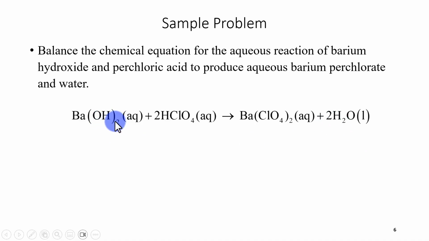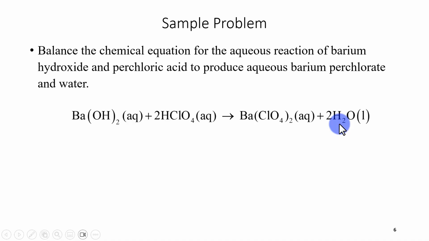And 2 times 1, I have, right, this is a 1. That 2 gets multiplied by the subscripts inside. So 2 times 1, that gives me 2 hydrogens over here, plus 2 hydrogens over here, 4 hydrogens. What about here? 2 times 2 gives me 4 hydrogens as well.